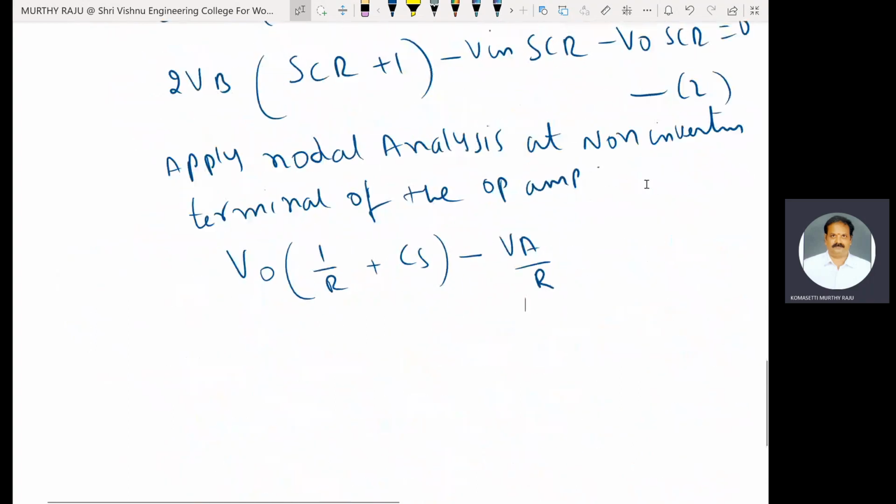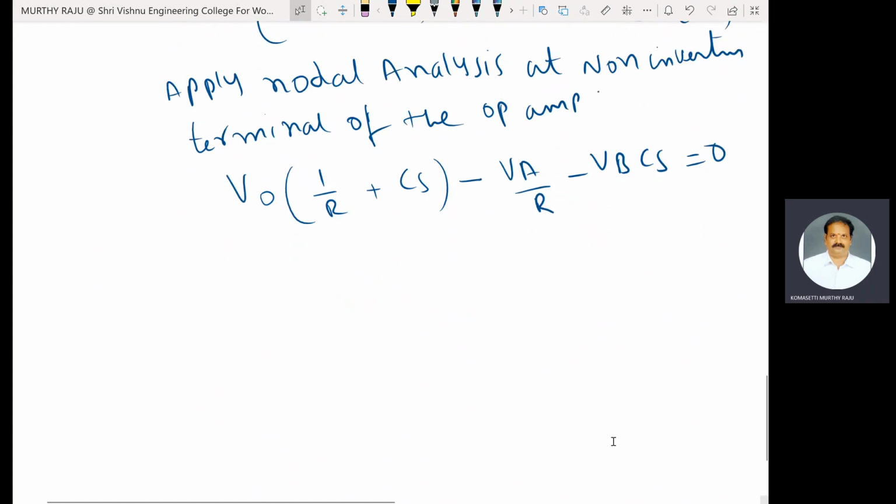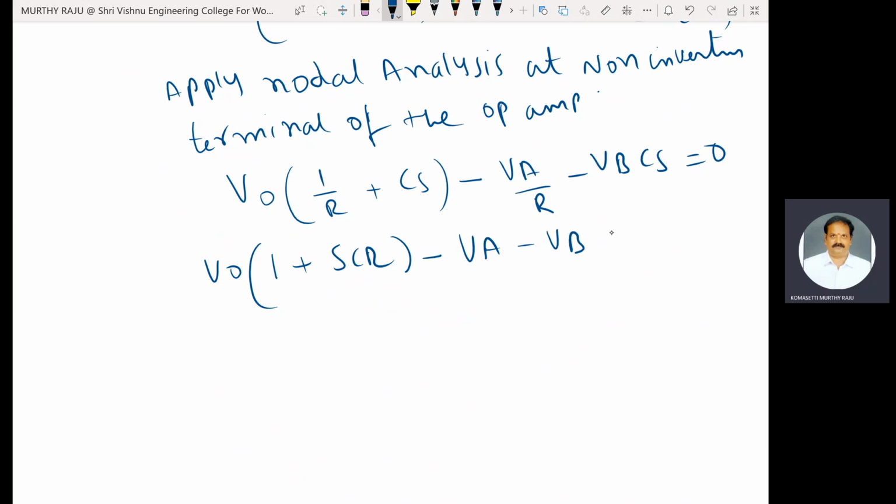That is VB CS minus VB CS is equal to 0. That is, we use LCM: V0 into 1 plus SCR minus VA minus VB SCR is equal to 0.